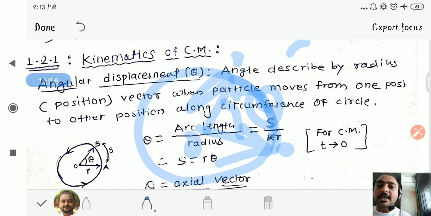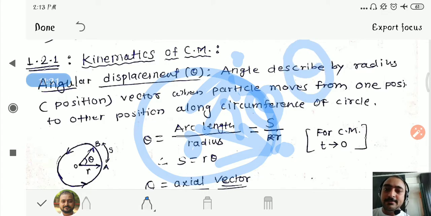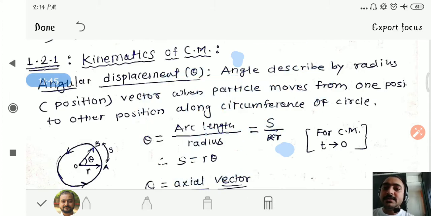This angle is called angular displacement. So the particle performing a circular path describes a certain angle by the radius or position vector. It is known as angular displacement. So friends, listen carefully and observe this figure.